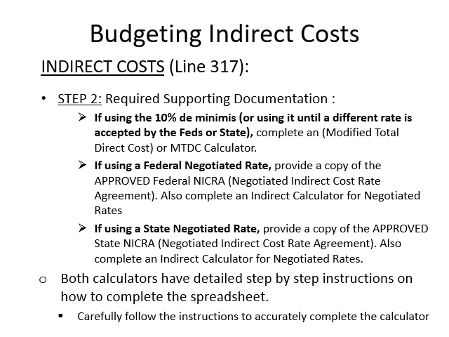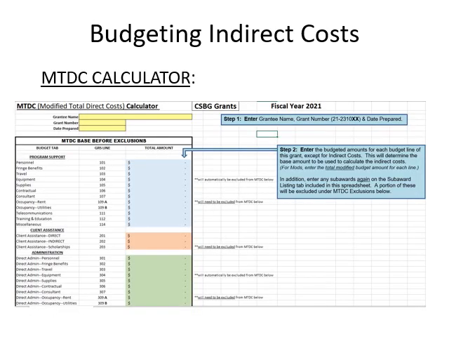Both calculators have detailed, step-by-step instructions on how to complete the spreadsheet right within that document. Carefully follow the instructions to accurately complete the calculator. Here is a screenshot of the MTDC calculator. This one happens to be for CSBG, but they are all essentially the same.